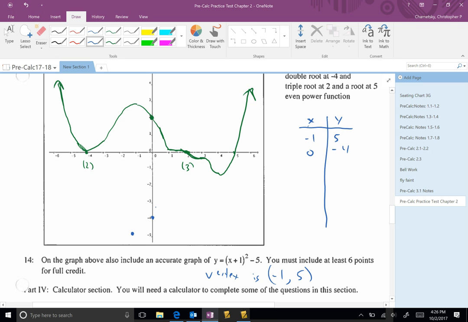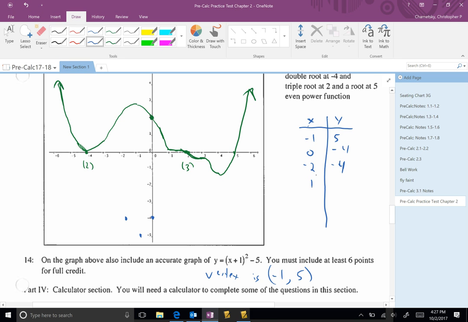And since we know this is a parabola, we get another free point. Erase that, that's not placed very well. So we get another point right here at -2. We're also going to be at -4 because of the parabola and its symmetry.